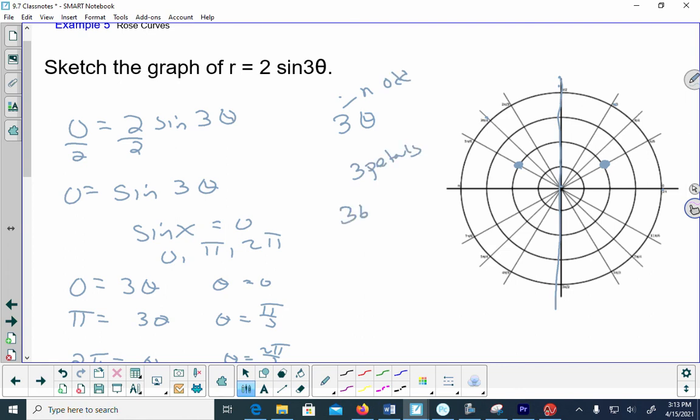I have 360 degrees. Divide that by 3. There's 120 degrees between petals. So if you want to change this to degrees, this is 30 degrees. This is 150 degrees, which makes sense as 120 apart. And then if I add 150 to 120, I'm going to get 270 degrees.